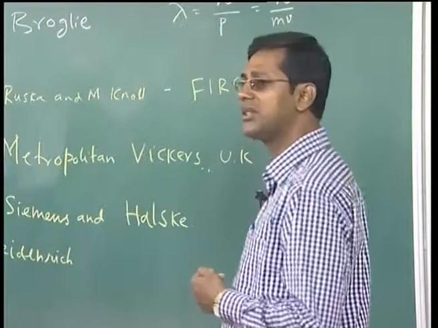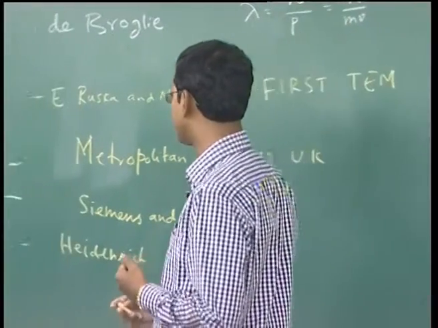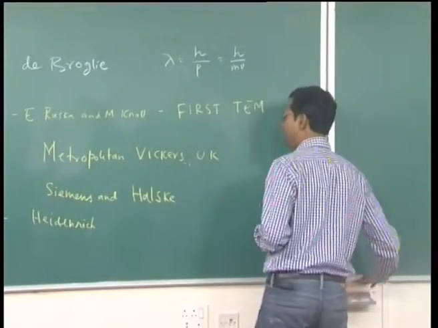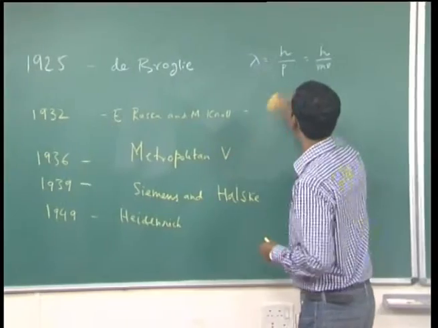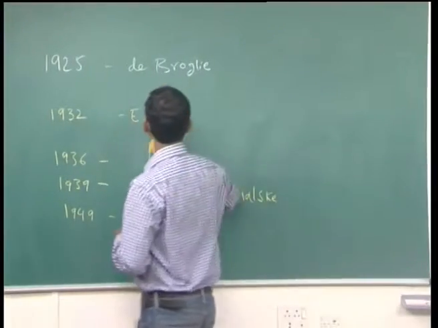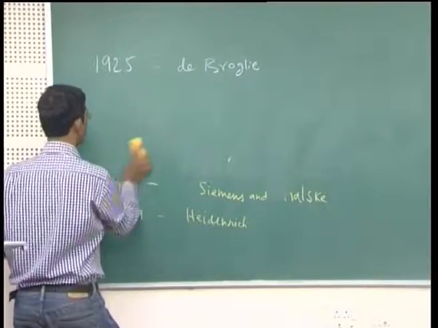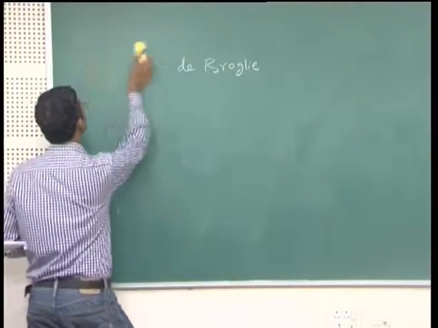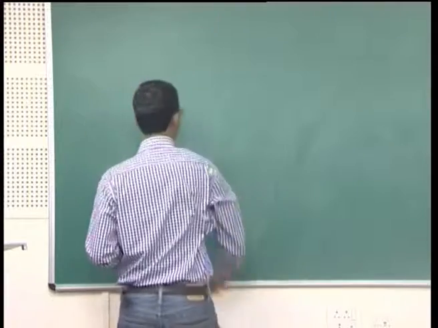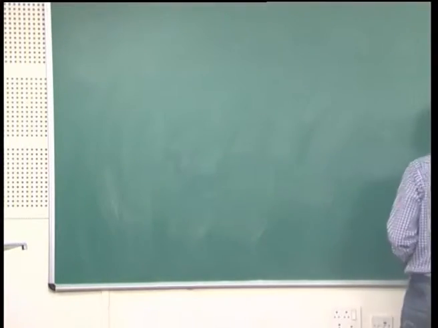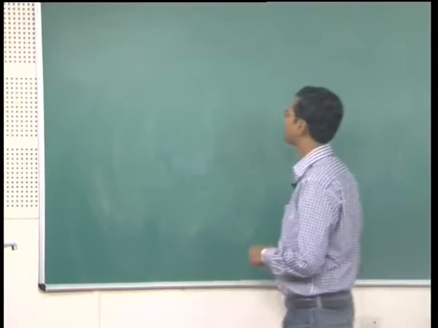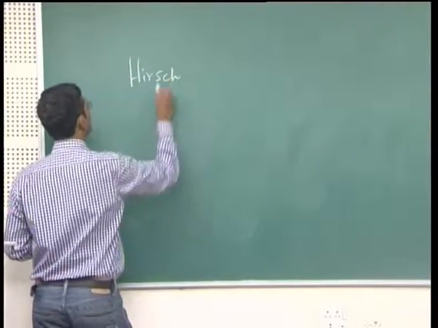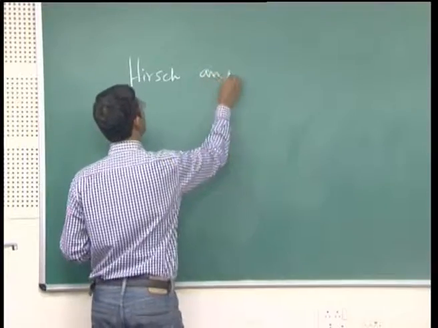So, the major groups which started working on this research were one in the University of Cambridge, and later on in the United States of America. So, finally, the theories of the electron microscope came up by a few scientists in Cambridge, especially Professor Hirsch and his co-workers.